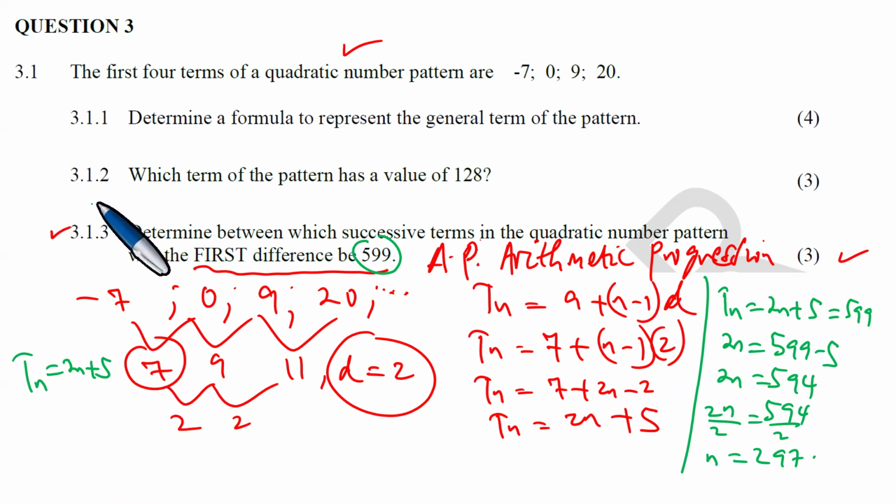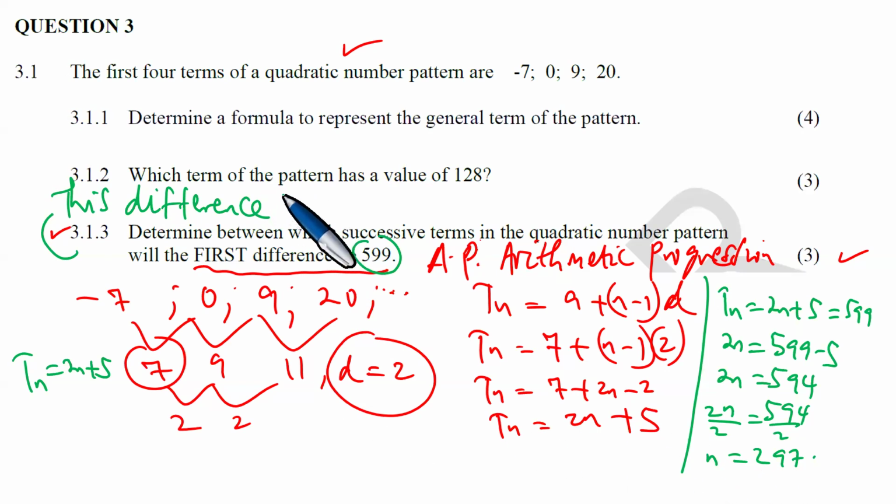So this is the answer to question 3.1.3, this difference. So what does n equals 297 mean?